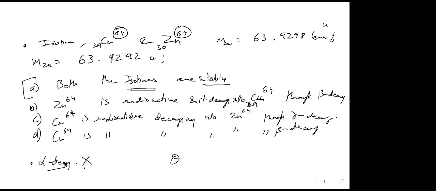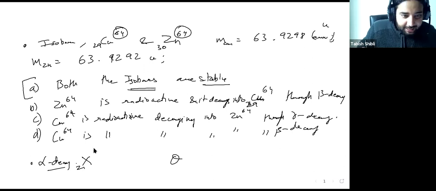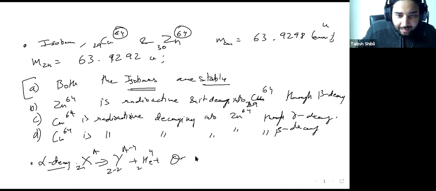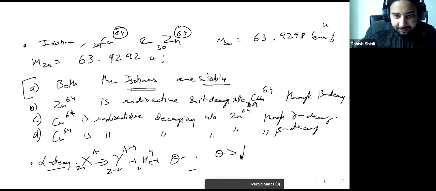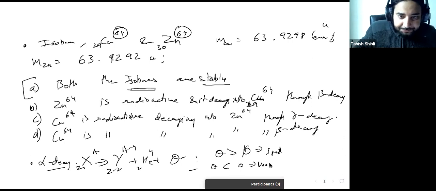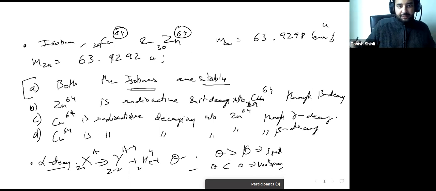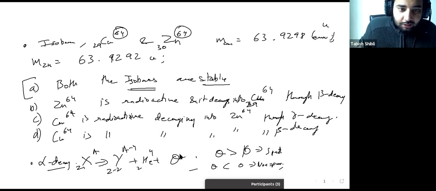We said we had an X with Z and A, and this decays into a Y with Z minus 2 and A minus 4, and a helium 2, 4, plus some Q. And we said if Q is positive, then it's spontaneous. And if Q is negative, it's non-spontaneous, as in if Q is negative, you need to provide energy. So we essentially need to check this.